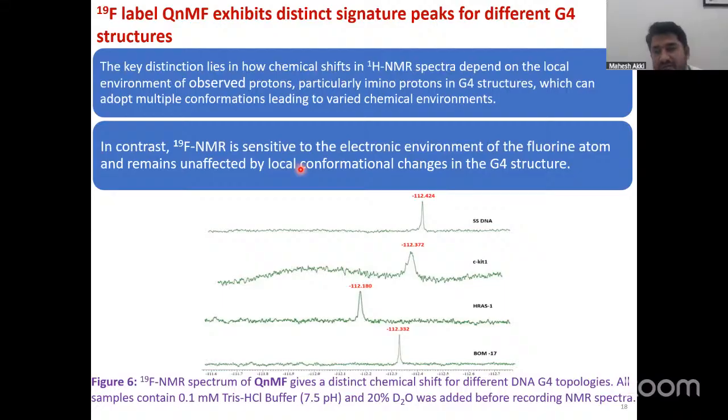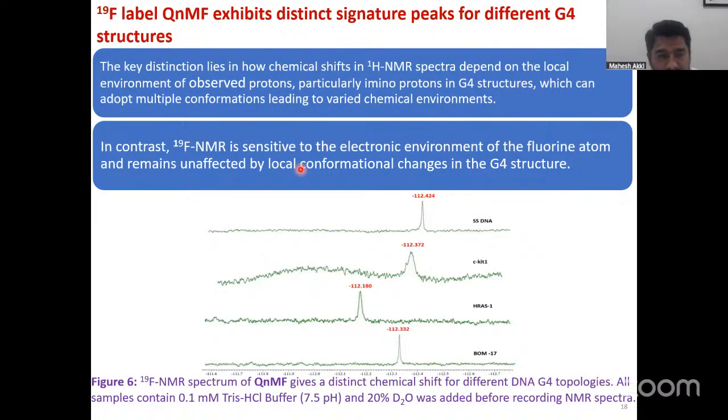Conversely, F19 NMR is exceptionally sensitive to the electronic environment of a fluorine atom, and importantly, it remains unaffected by local conformational variations of the molecule in the DNA backbone.